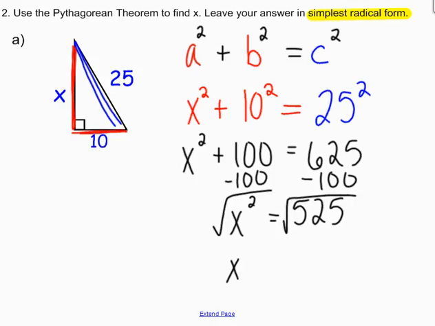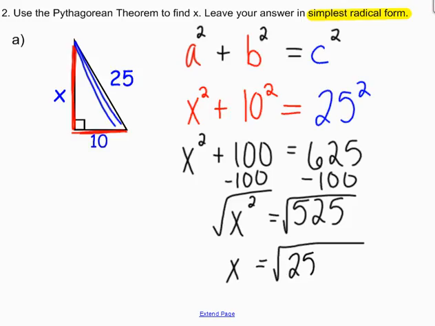Now, 525 is a large number. I would always check to see if it's perfect. So if you type it in your calculator, it's not. So that kind of stinks. That means I'm going to have to do simplest radical form. So I have to think of numbers that go into 525.